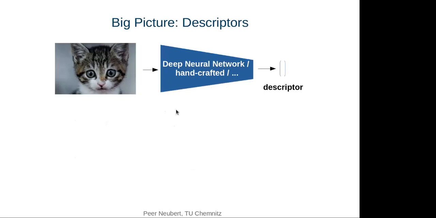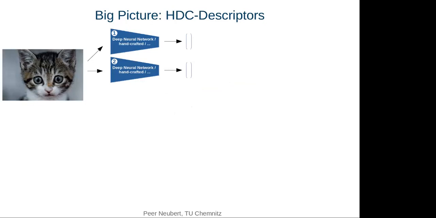And for this talk, it's important to know that, of course, there are different ways how we can generate this vector. For example, there are different deep neural networks to generate those vectors. So we might have a first network and a second network, and they generate 2 different vectors if we apply them to this image. And we might have other networks, and some of them might not only create a single vector, but multiple vectors. So they express different things from this image.